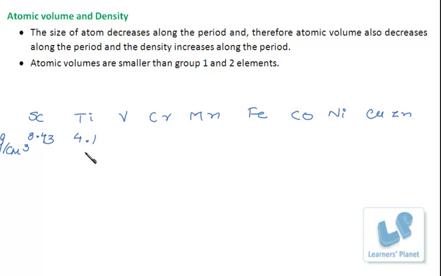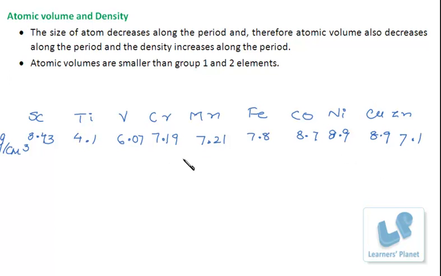Titanium, it's 4.1. Vanadium, 6.07. Chromium, 7.19. Manganese, it's 7.21. Iron, 7.8. Cobalt, 8.7. Nickel, it's again 8.9. Copper, 8.9, and zinc, it's 7.1.